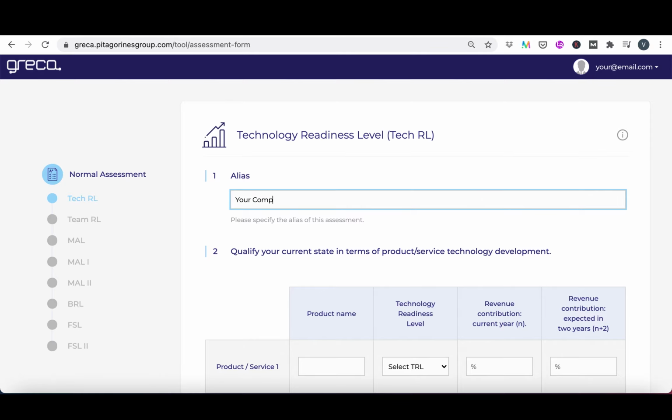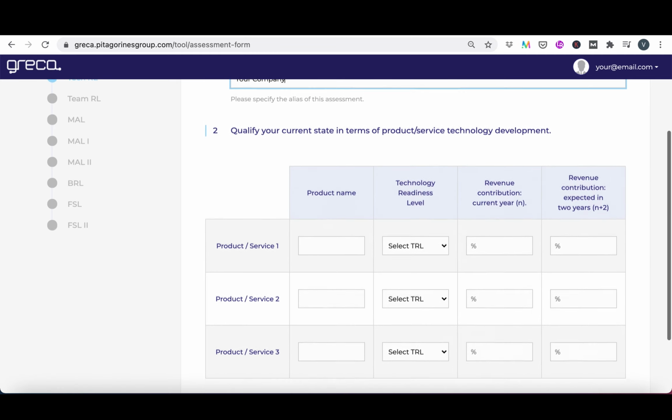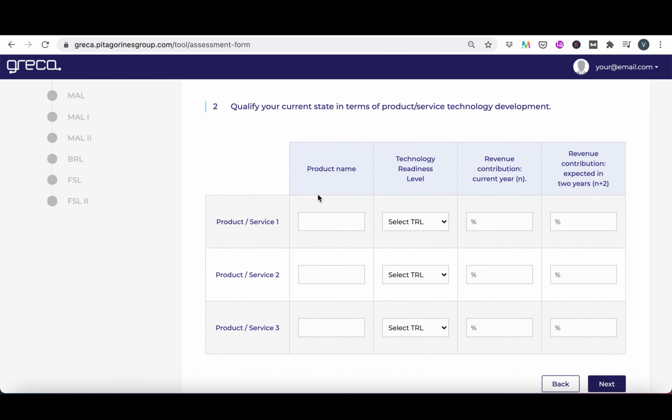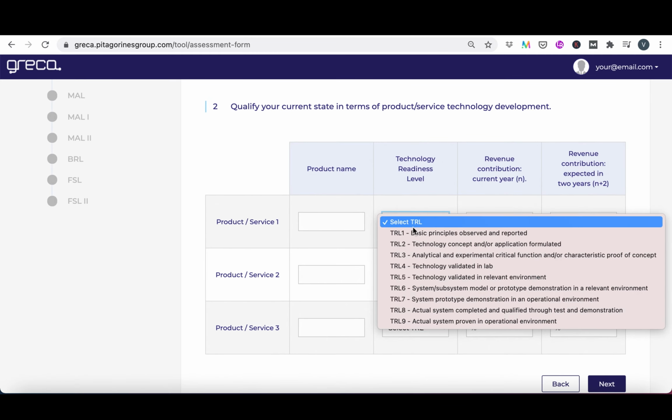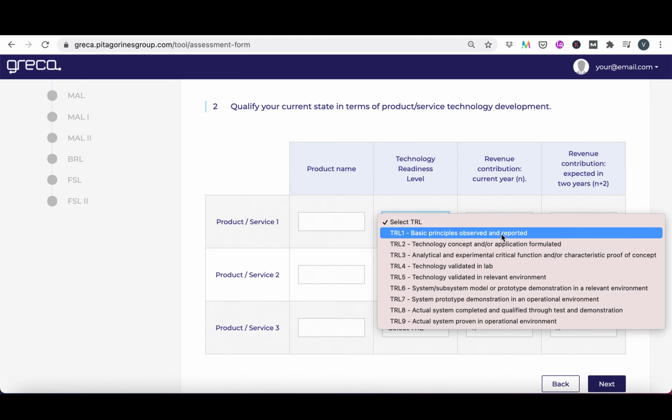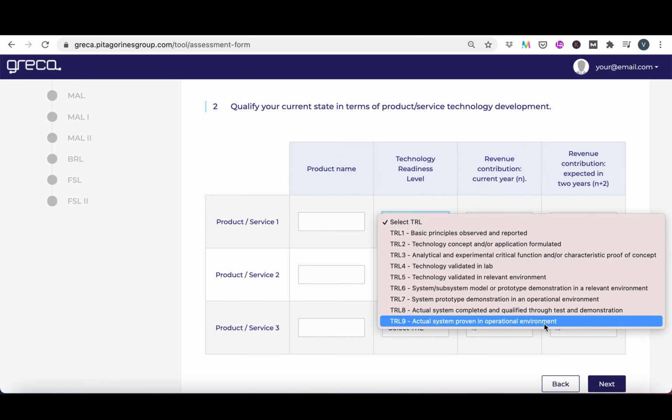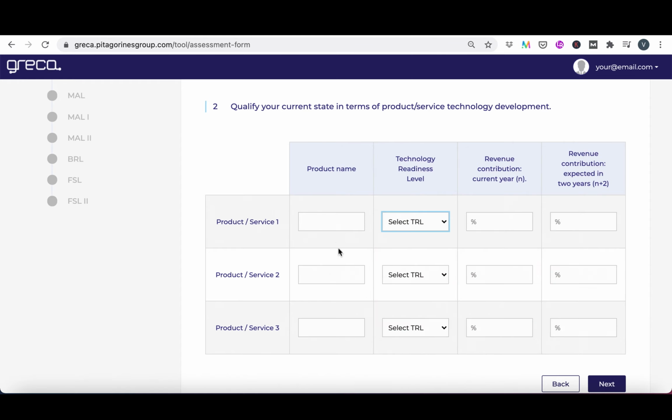Let's start with the technology readiness level. This term refers to the state of development of our product and takes as a reference the NASA TRL scale, which contemplates from the first idea for that product or service to the market launch of the final version of that product or service.